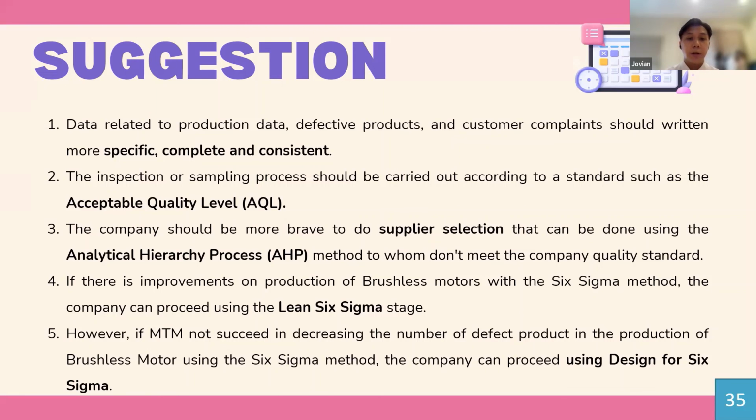The company should be braver in supplier selection, which can be done using the analytical hierarchy process method, to reject suppliers who don't meet the company quality standard. If there are improvements in the production of brushless motors with the Six Sigma method, the company can proceed to the Lean Six Sigma stage. However, if it does not succeed in decreasing the number of defective products in brushless motor production using the Six Sigma method, the company can proceed using Design for Six Sigma.